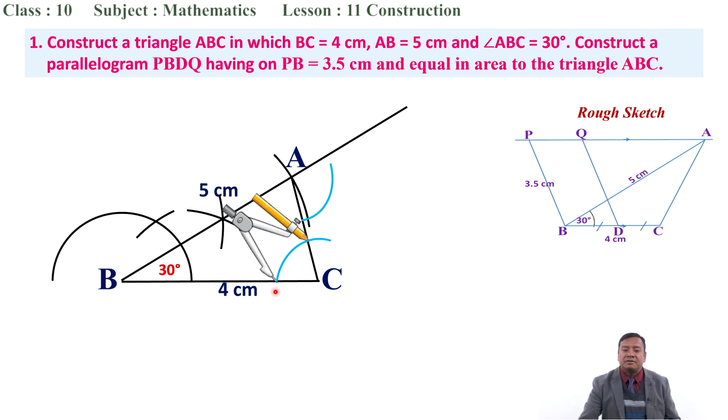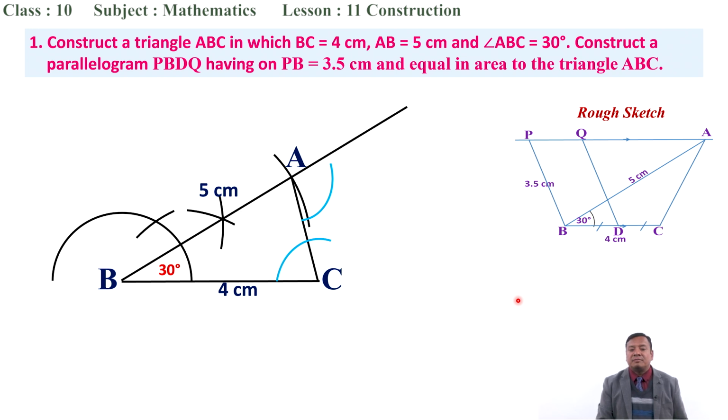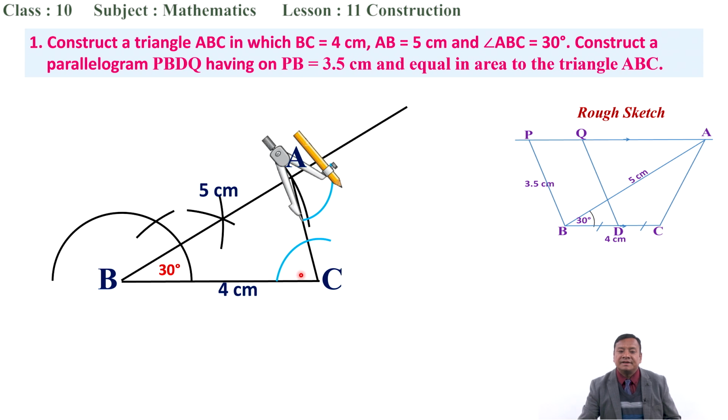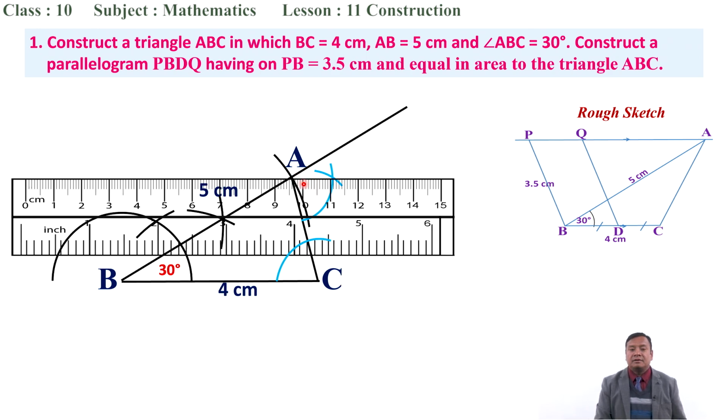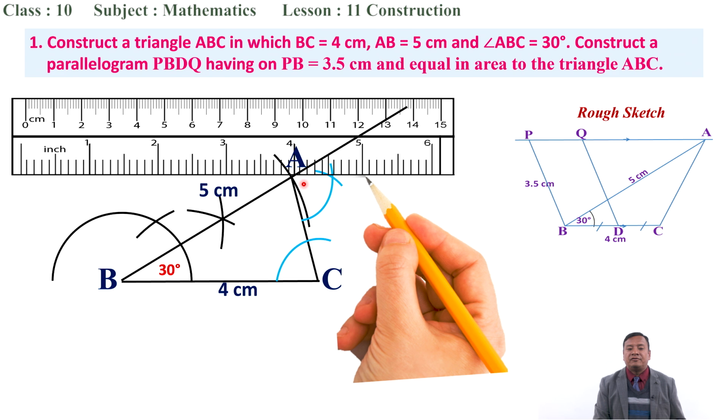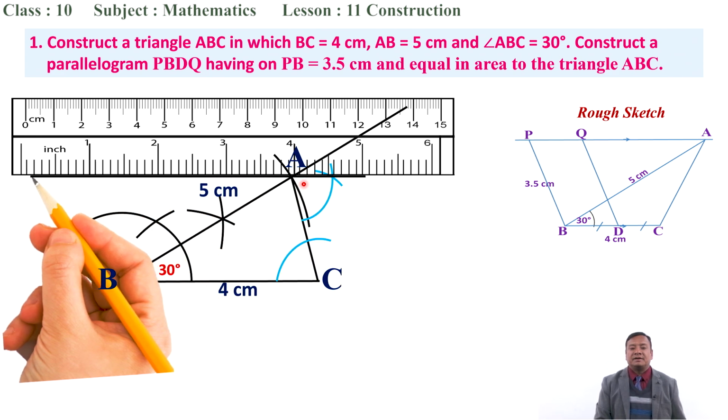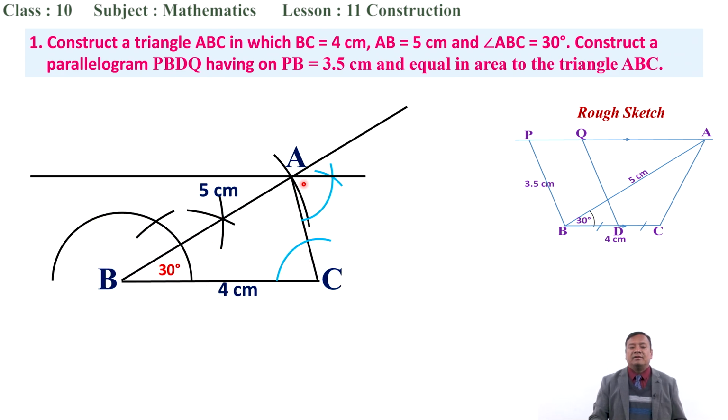Now you just put the point of the compass here on the base BC, and the pencil at this point here like this. Then by measuring this we have to cut from the next point on AC like this. Okay, when we cut like this, now join this intersecting point to A, right? Arrange your ruler like this and then draw a line through those points, right? Then you will get like this.